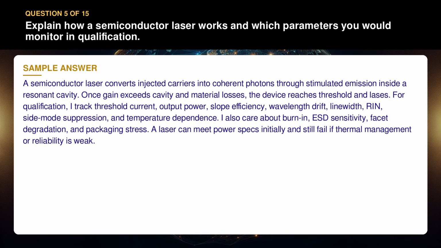For qualification, I track threshold current, output power, slope efficiency, wavelength drift, linewidth, RIN, side mode suppression, and temperature dependence. I also care about burn-in, ESD sensitivity, facet degradation, and packaging stress. A laser can meet power specs initially and still fail if thermal management or reliability is weak.